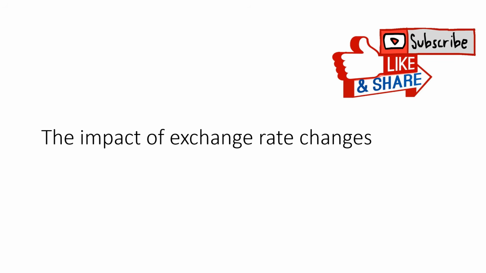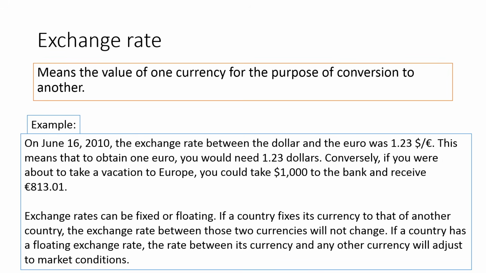Now let's talk about the impact of exchange rate changes. Exchange rate basically means the value of one currency for the purpose of conversion to another. That's what it basically means. So for example, on July 16, 2010, the exchange rate between the dollar and the euro was 1.23 dollars to the euro.